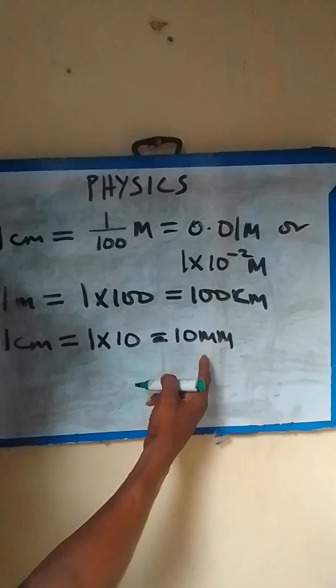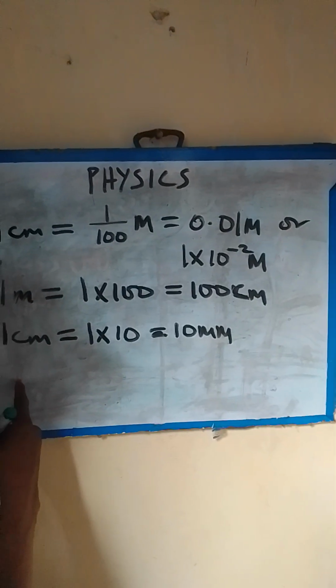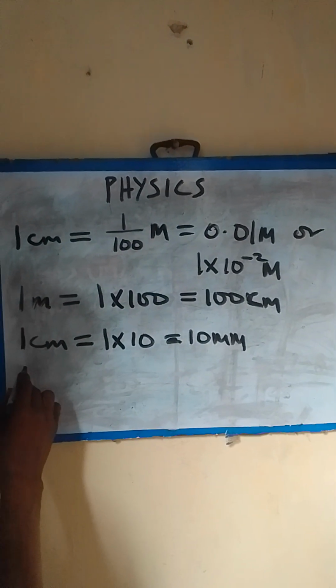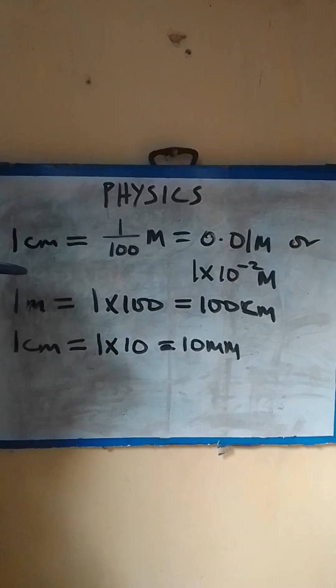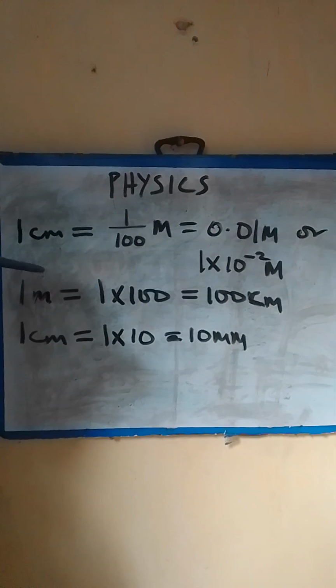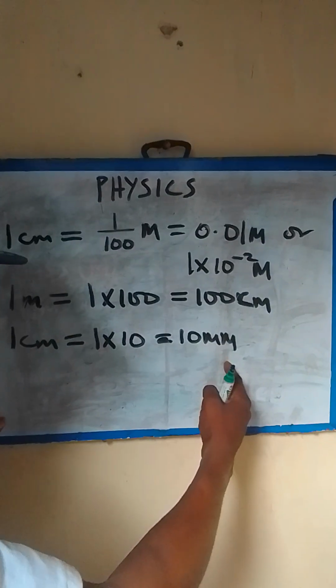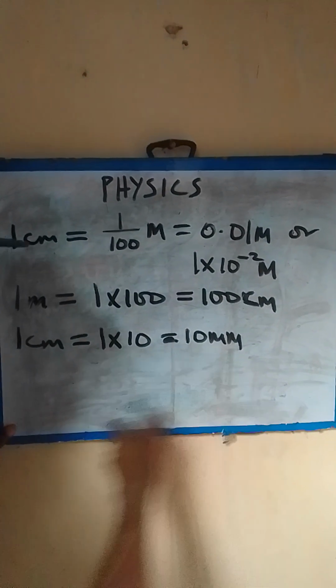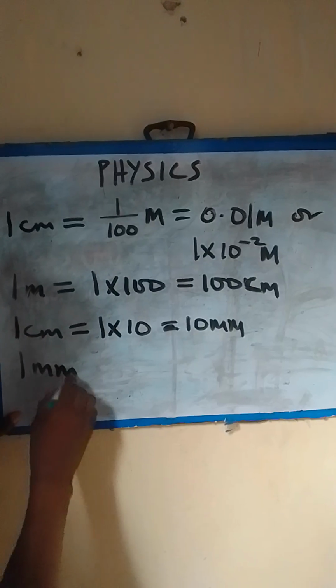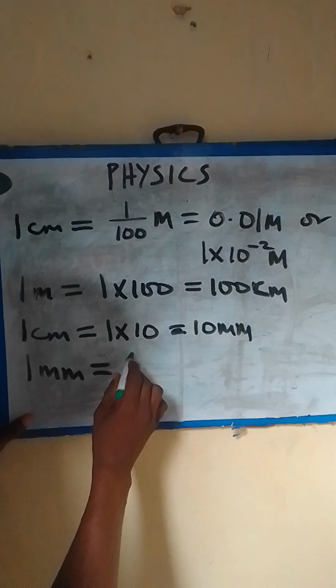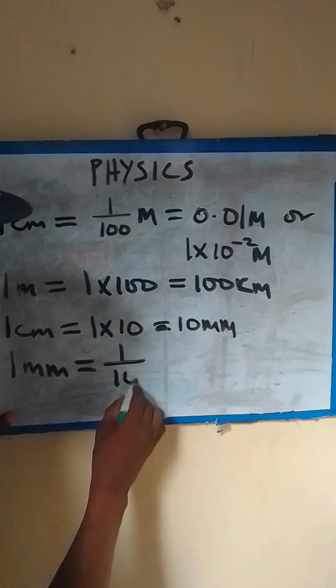So to convert millimeters to centimeters, you divide the value in millimeters by 10. Let's say we have 1 millimeter. To convert it to centimeters, you divide this by 10.